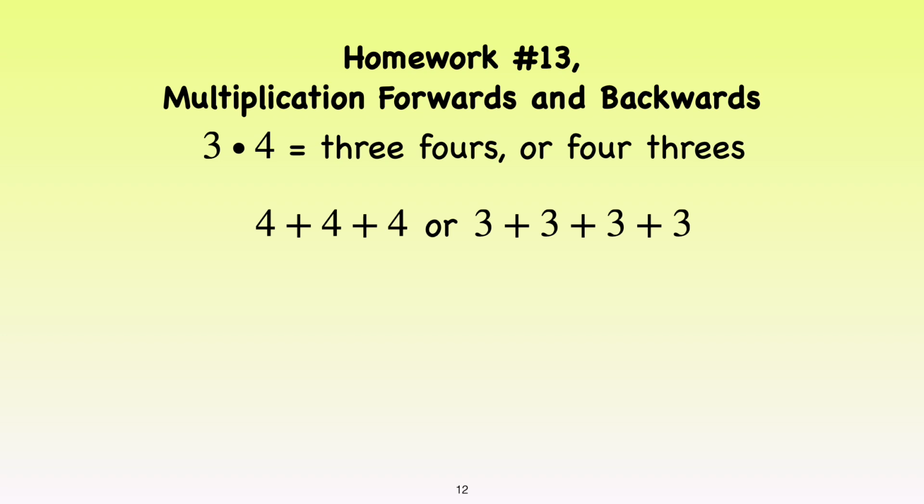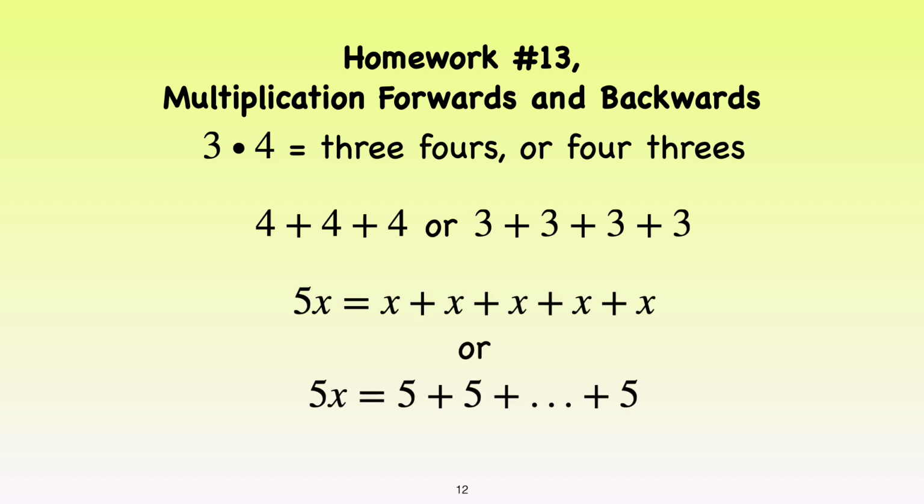What about 5x, where one of the factors is a variable? 5x could be thought of as adding 5 x's together. But what about showing an x number of 5s when I don't know what x is? Well, we will use this. I did use this in a previous slide. Now, pause the video here and go look at problem 13.